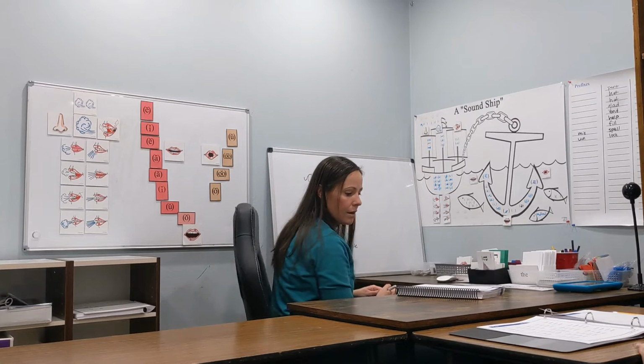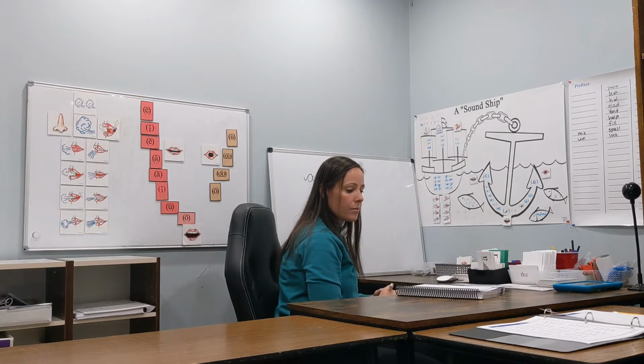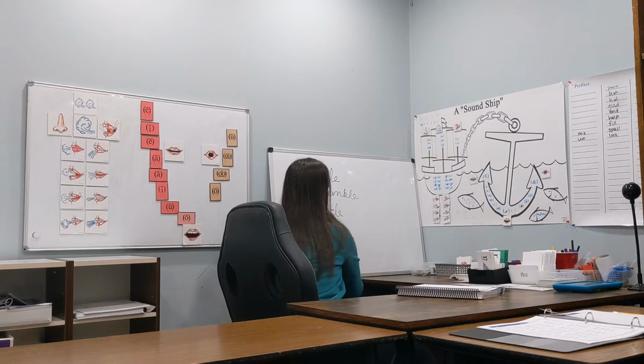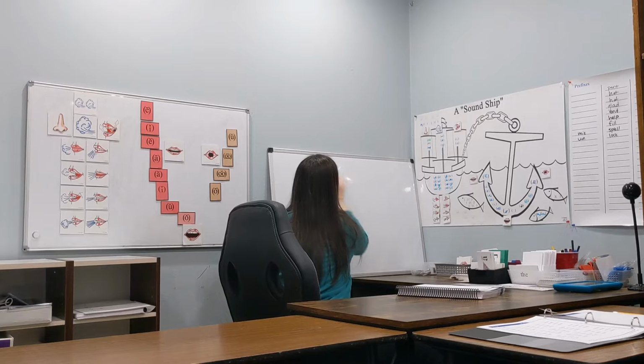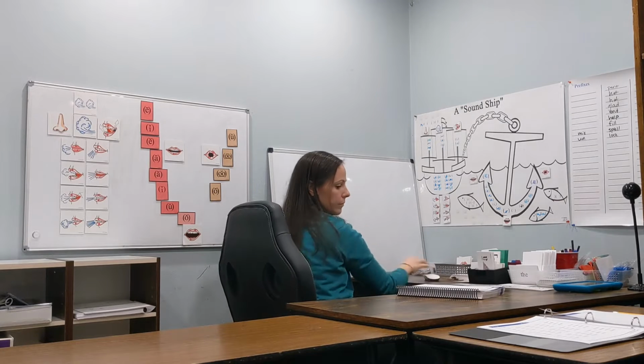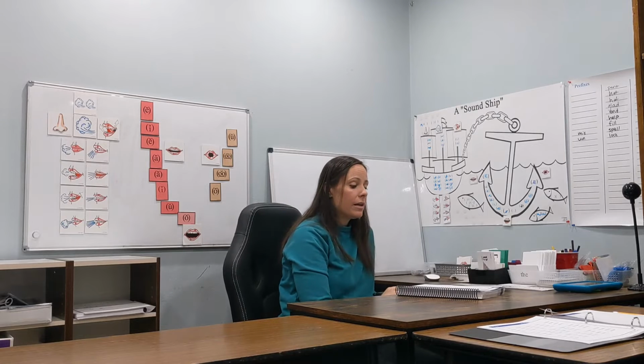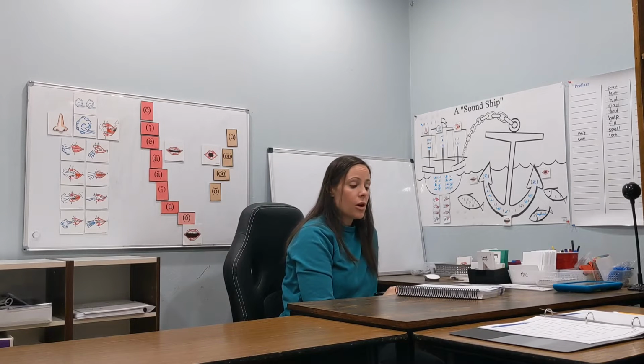Alright, I'm going to write some more words on the board. First, repeat these words after me. Angle, angle, jungle, jungle, single, single. Now what final stable syllable do you hear?